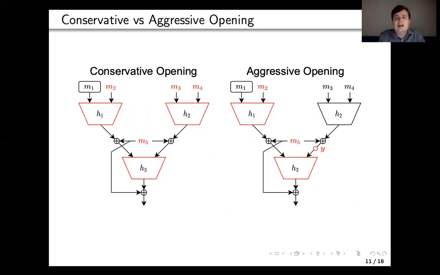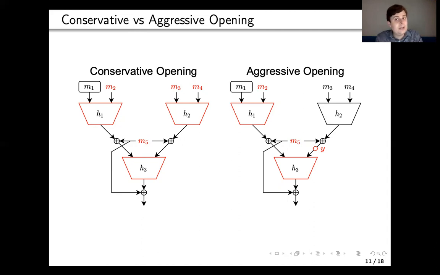Okay. Another notion that we want to introduce here is a conservative opening and an aggressive opening. So for a conservative opening of T5, so this will be an opening of message M1 here, message block M1, you're providing all of the siblings, so M2, M3, M4, and M5.